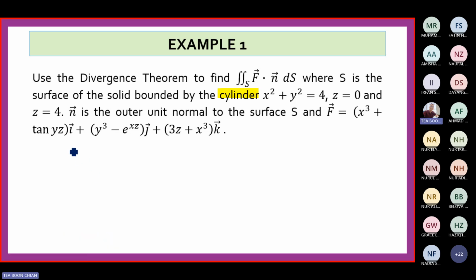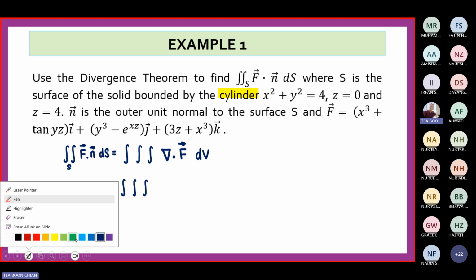Now I can begin by saying that the double integral, the flux of F dot N over the surface with respect to the solid Q here, is just the triple integral of the divergence of F, where I now change the notation to del dot F. Remember, divergence means del dot F, with respect to volume. This is the divergence theorem. I still leave the integral empty first.